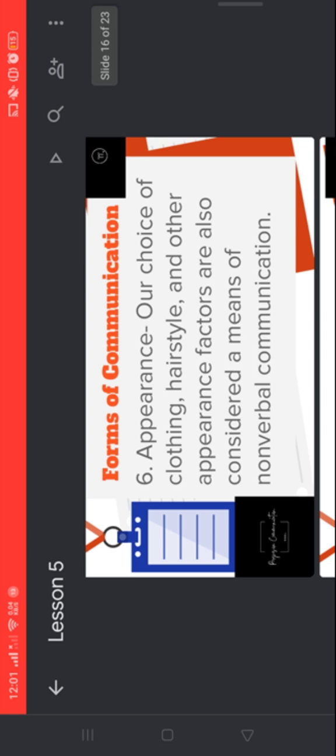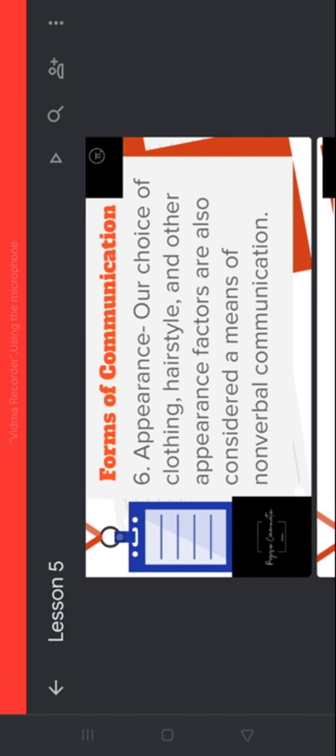Okay. Our choice of clothing, hairstyle, and other appearance factors are also considered a means of nonverbal communication. Your appearance, the color of your clothing, will send a message about you to other people.